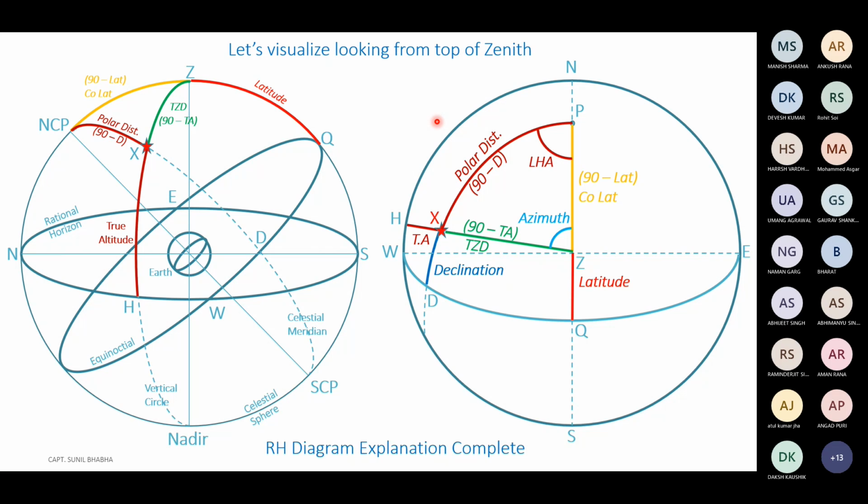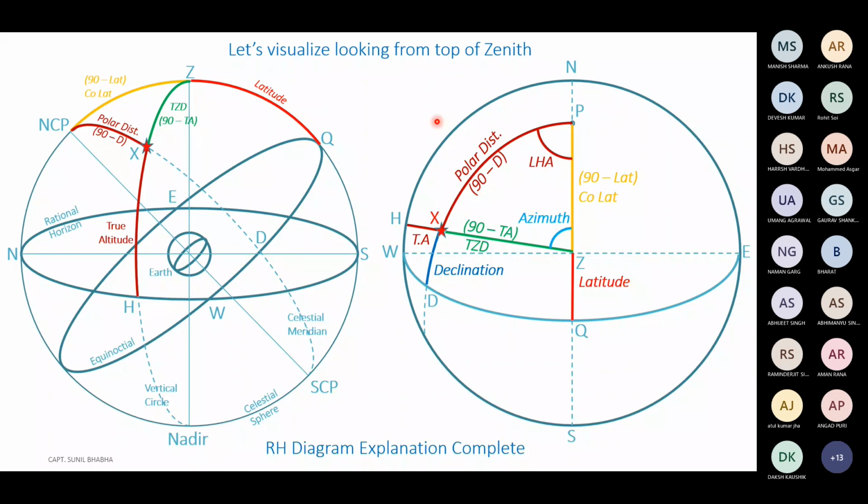The remaining parts, whatever is missing, can be calculated using the cosine formula and Napier's rules. So this is the concept which we use in rational horizon based questions. The PZX triangle is a spherical triangle made on the surface of a sphere. All 3 sides are parts of great circles. We are able to identify 5 parts of this triangle, that is the 3 sides and the 2 angles. Out of these, some of them will be given to us in the question.